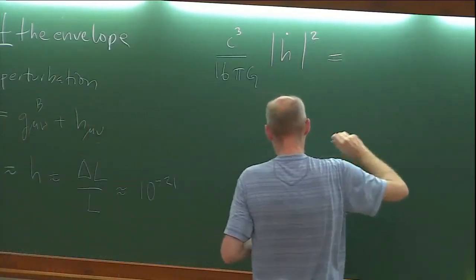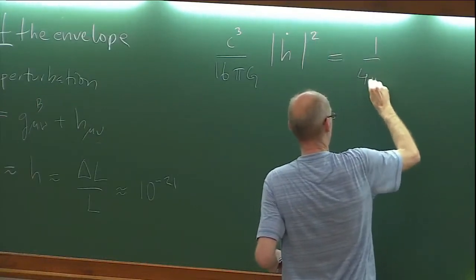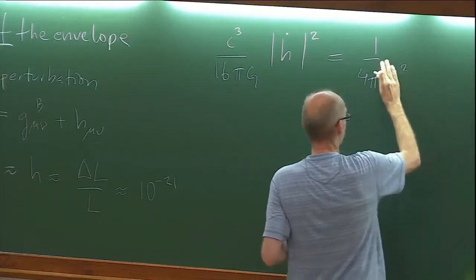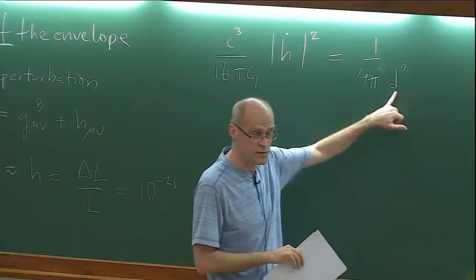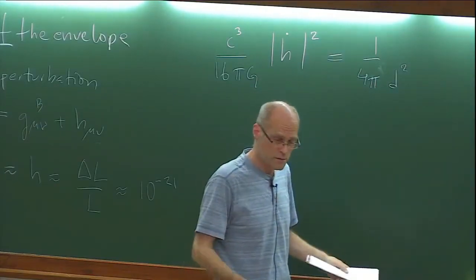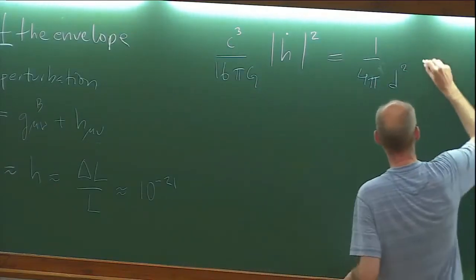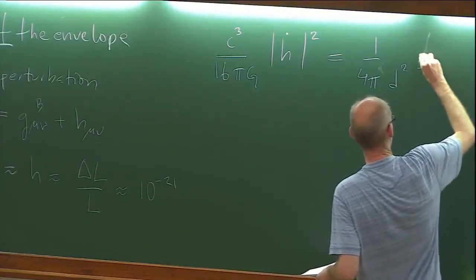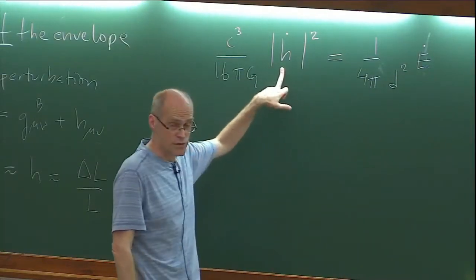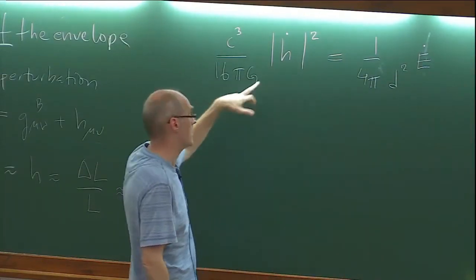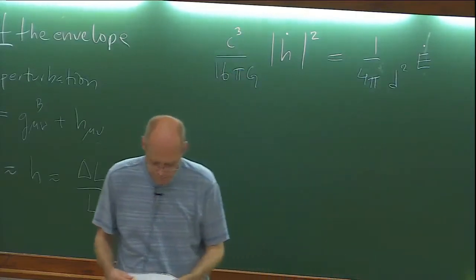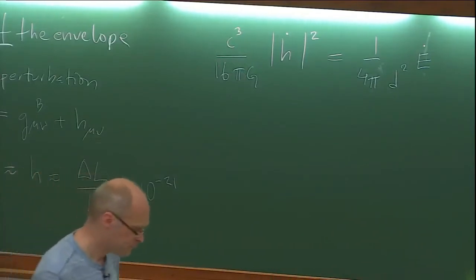This is equal to 1 over 4πd^2, which is just the area of the sphere over which the waves expand, where d is the distance to the source, times Ė, the energy loss due to gravitational waves. So the energy loss goes like ḣ squared. There are some numbers we don't need to care about, and then the distance.